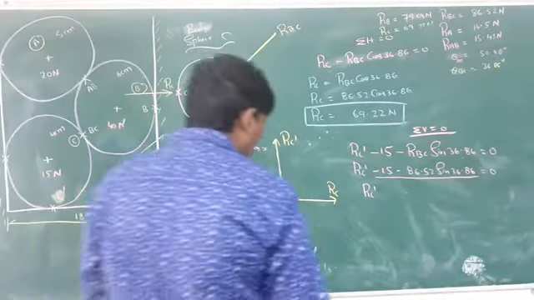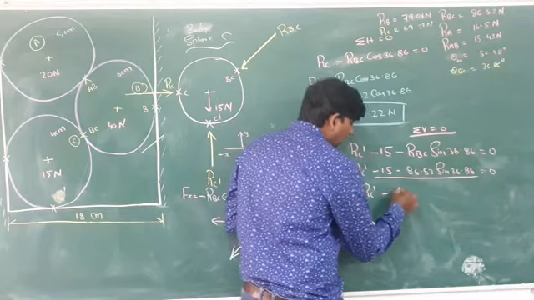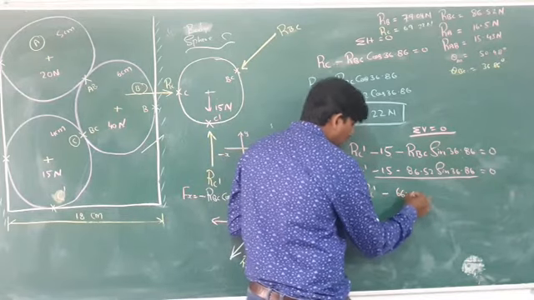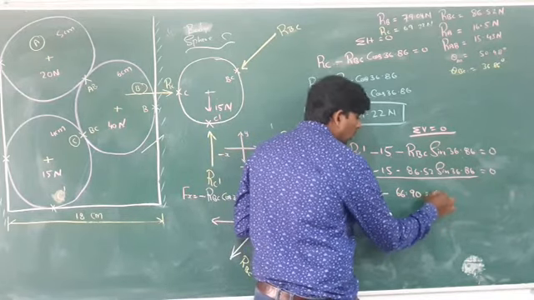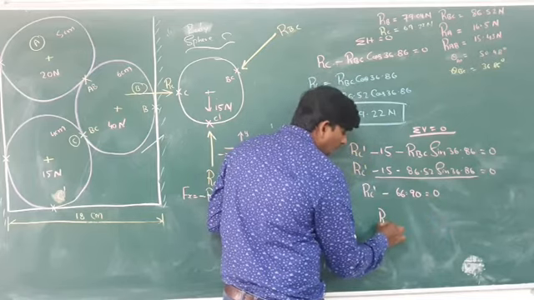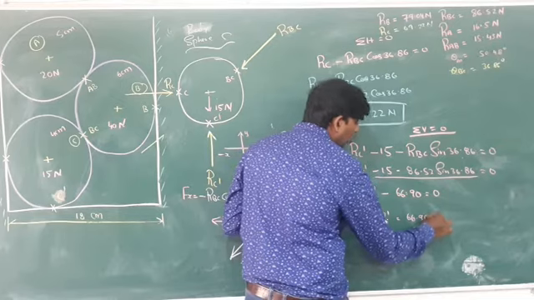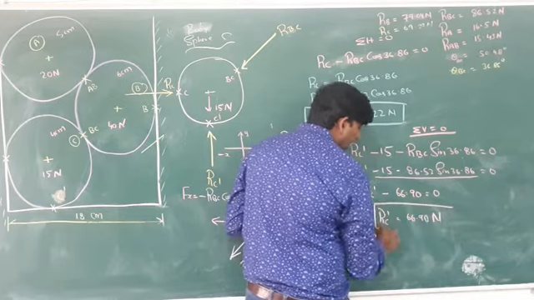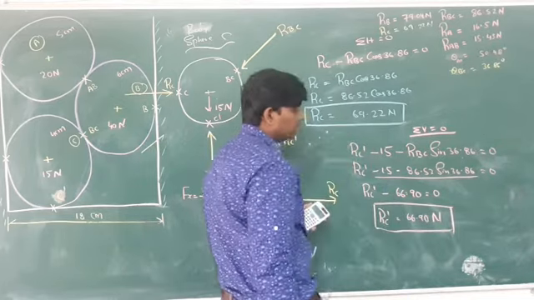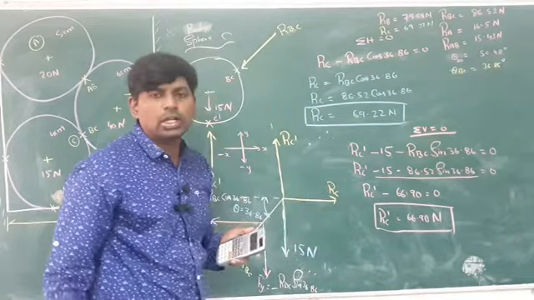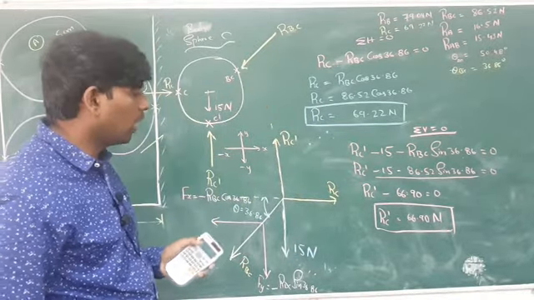So RC dash is equal to 66.90 Newton. Like this you can solve. You got the value of RC dash.